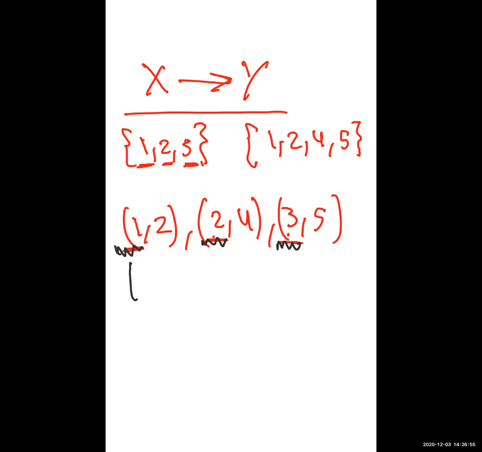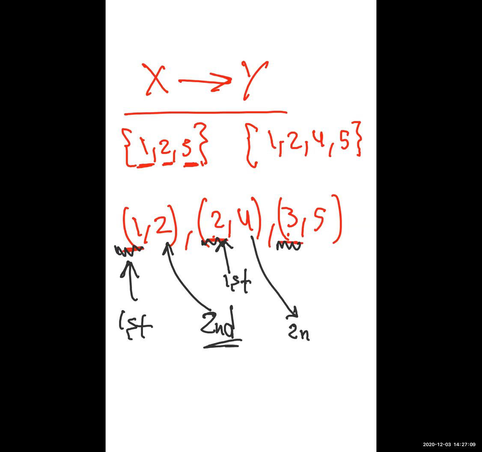This one is the first projection, of course, and this one is the second projection. Again, in this pair, this one is the first and this one is the second. And in this one, again, this one is the first and this one is the second.